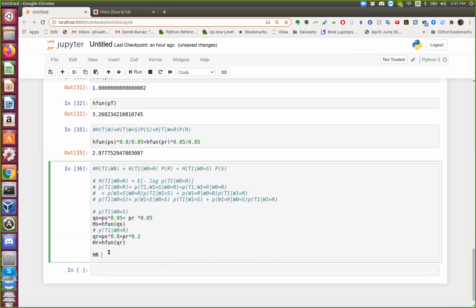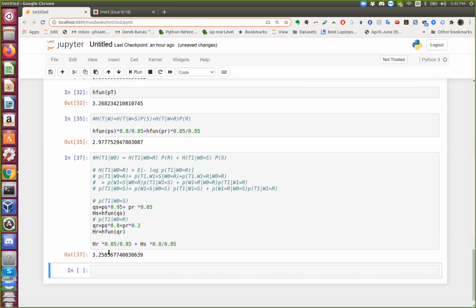And the probability to be rainy is again 0.05, and 0.85 plus HS times 0.85. Okay, that's what we get here. So therefore the conditional entropy is 3.258, something like that.